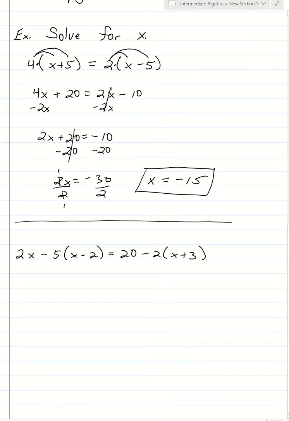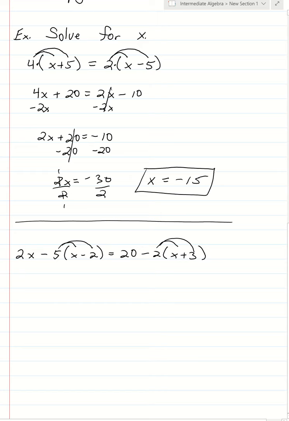Once again, we want to solve for x, and I'm going to say we perform step 1 first, and that is we want to simplify both sides of the equation. Let's start by looking at the left side. On my left, I can distribute this negative 5. On the right, I can distribute the negative 2.